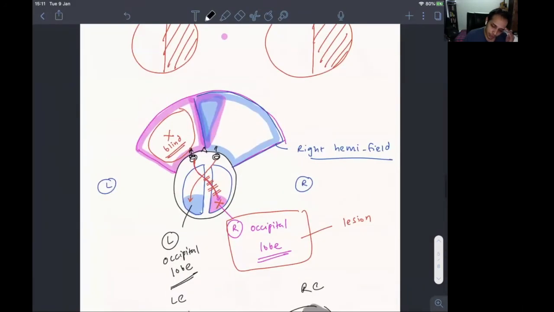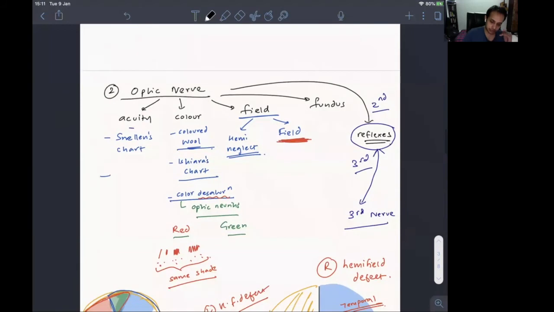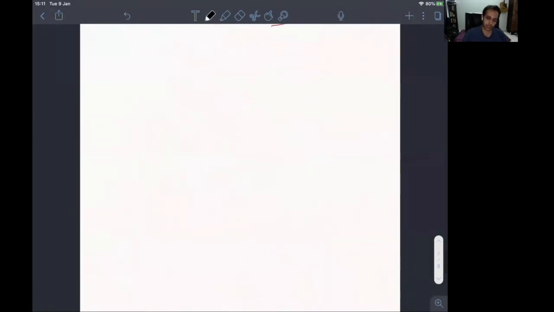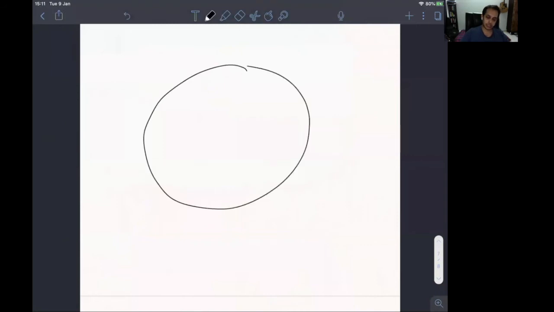Now, finally, coming to fundus. Fundus examination, there's not a lot that I can teach you online, but the basic concepts are these. The first time you look into somebody's eye with a funduscope, you won't be able to see anything.